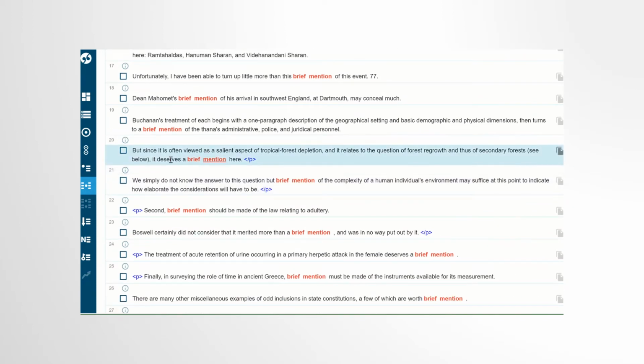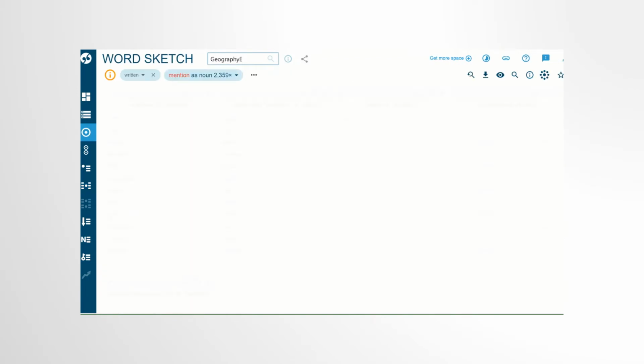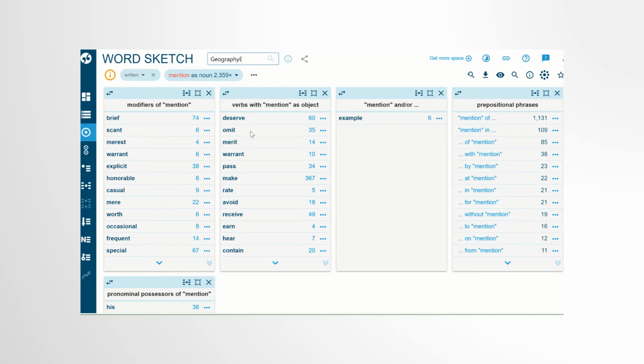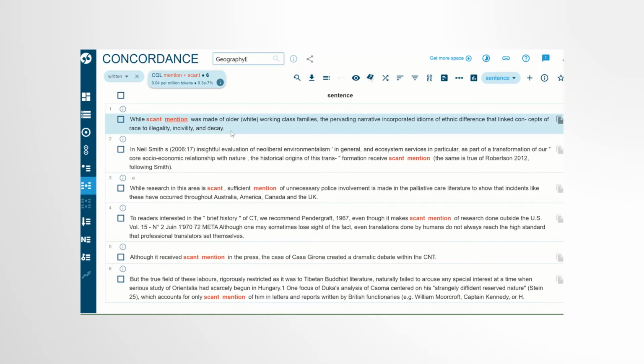It deserves a brief mention here. That would be another one. And so on. Now we need to go back. We could do the same thing with scanned. But this is again only about the research that other people have carried out. Scanned mention was made of. That's a comment on someone else's work.